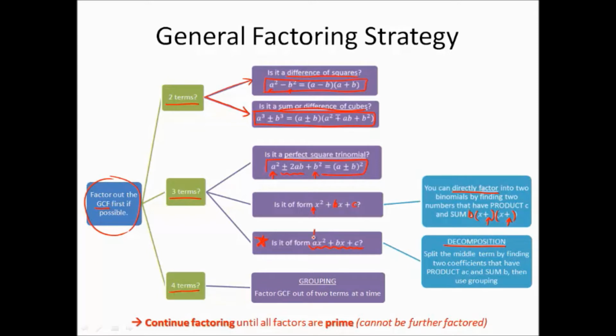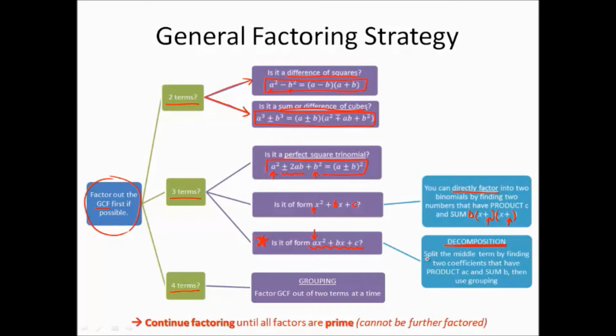However, if you do in fact have a leading coefficient and it's not a perfect square trinomial, you can always use the decomposition method, the ultimate factoring method, because it works on essentially any trinomial of the form where the leading term is of degree 2.